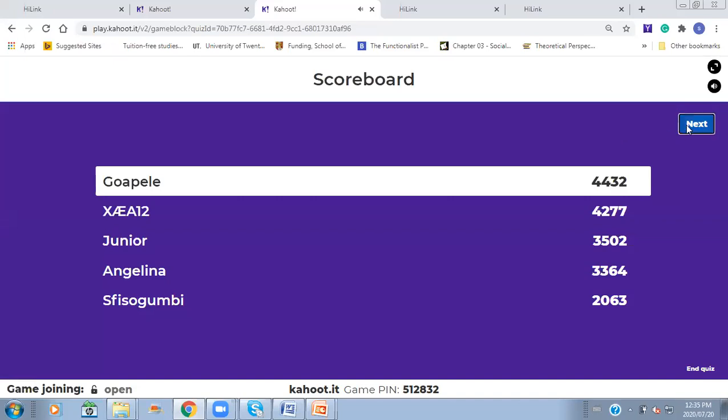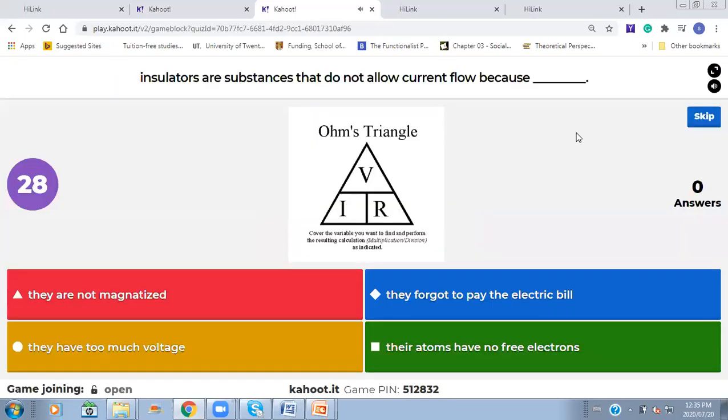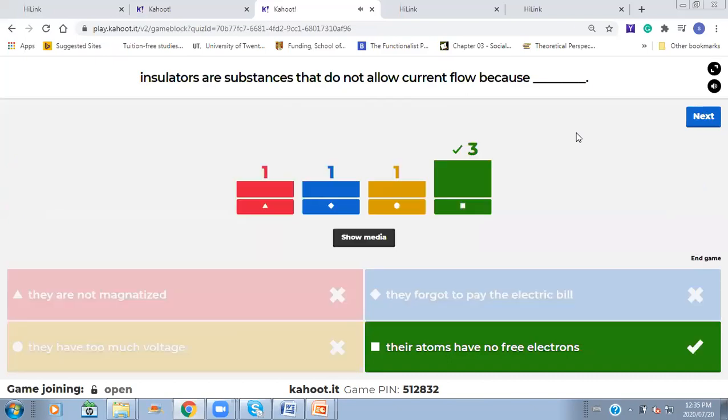So let's go to the next. Insulators are substances that do not allow current to flow because, yeah, that's correct. So let's go to the next.